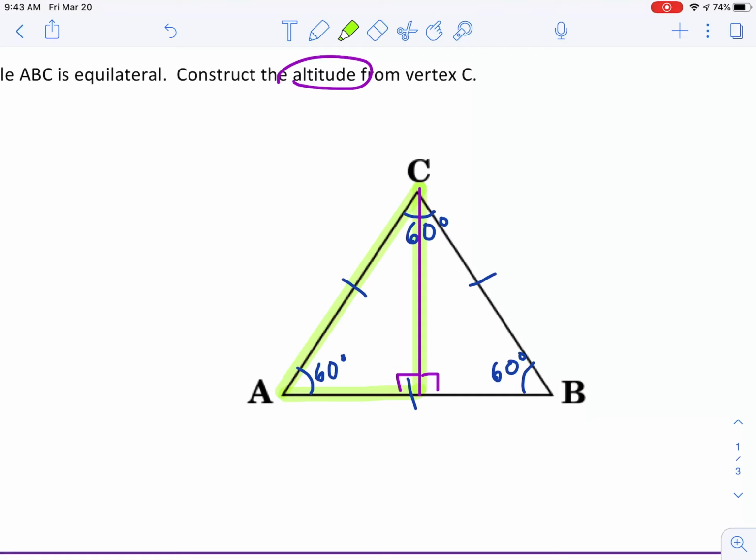So the one I've now highlighted is a right triangle. And we should note that this angle up here, the 60-degree angle, has been split in half, so this is 30 degrees. So now the highlighted one is a 30, 60, 90 triangle.